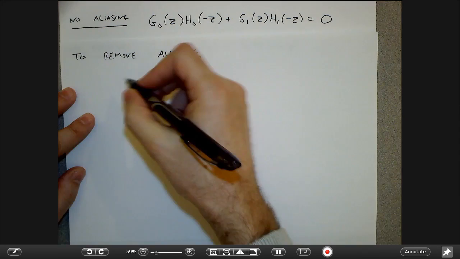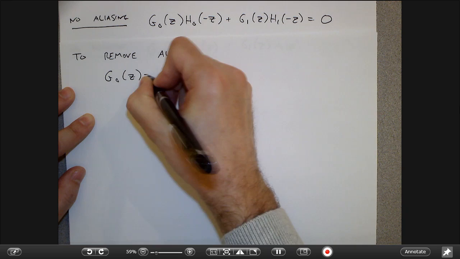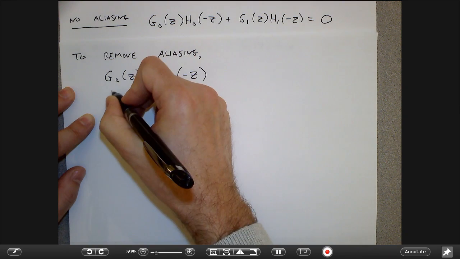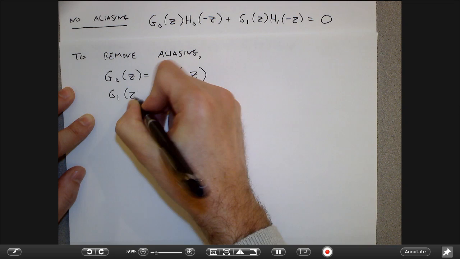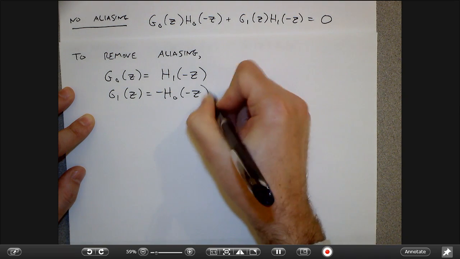So what I could do is I could say I am going to choose G0 of z to be equal to H1 of minus z. And I'm going to choose G1 of z to be equal to minus H0 of minus z.